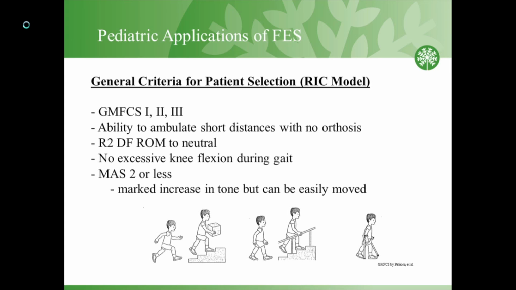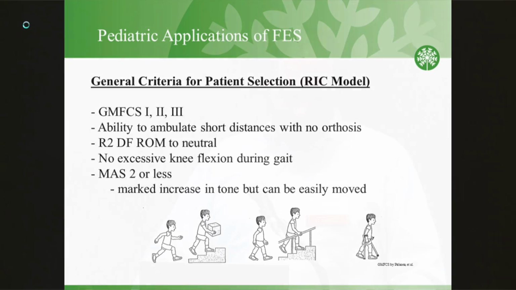Number two, dorsiflexion range of motion to neutral. I will not do it if they cannot at least get to neutral passively. I think that's the biggest potential where this device is overused in pediatrics, because we see a lot of kids come through clinic and through therapies. Those are the kids where you can tell the WalkAide is working great. It's timed perfectly, it's firing that anterior tib, but you can only bring it so far.